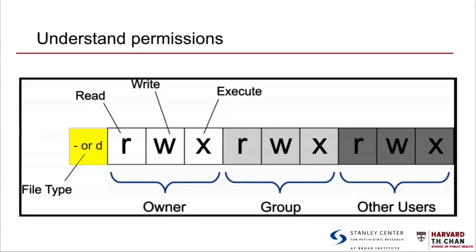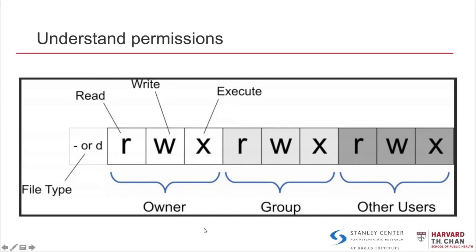The first one is just an indicator to say if the element is a file or a directory. If it's a file, we have a hyphen. If it's a directory, we have a d. Then we have the read, write, and execute information for the owner, for the group, and for the other users.